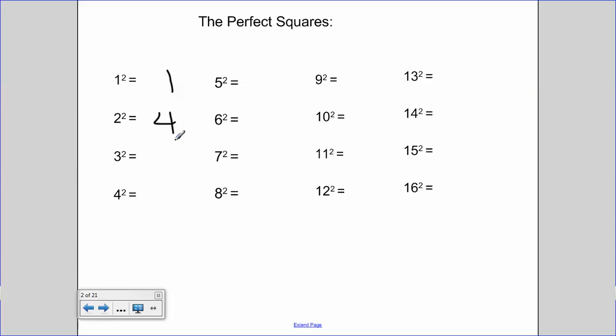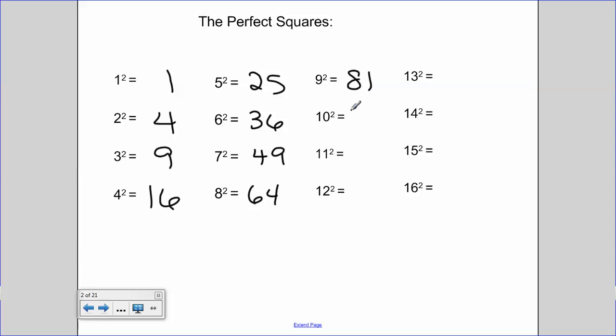So we would say the number 4 is a perfect square. 3 squared is 9. 9 is a perfect square. 4 squared is 16. 5 squared, 25. 6 squared, 36. 7 squared, 49. 8 squared, 64. 9 squared, 81.